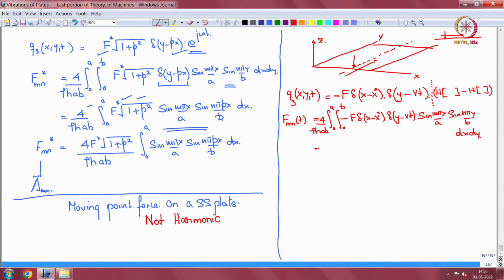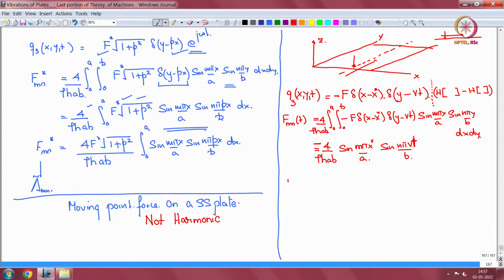So this now looks like 4 by rho h ab with a minus here, then sine m pi x star by a into sine n pi Vt by b. So now Fmn is a time dependent term, not harmonic.